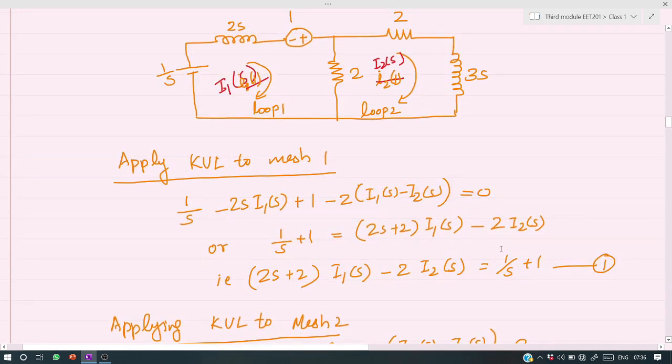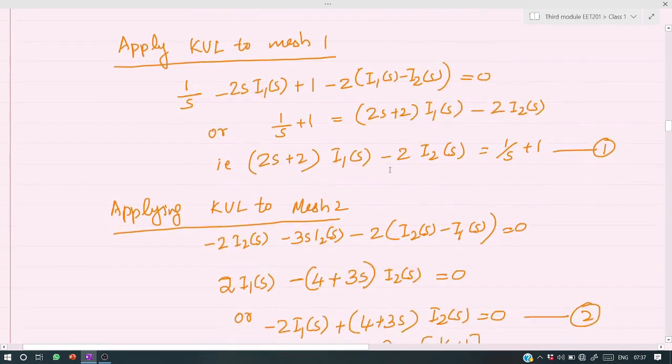Similarly, by applying KVL over mesh 2, the loop equation can be written as 2 into I2 of S plus 3S I2 of S plus 2 into I2 of S minus I1 of S is equal to 0, or minus 2 I2 of S minus 3S into I2 of S minus 2 into I2 of S minus I1 of S is equal to 0.